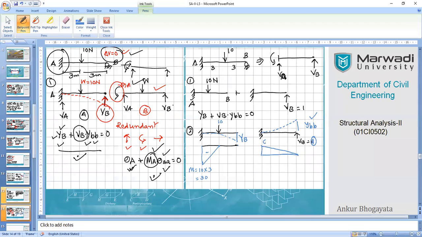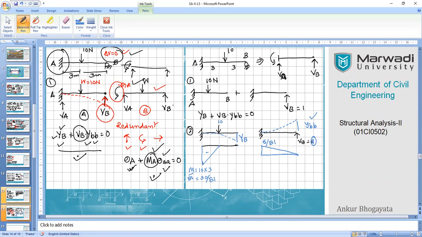So 6 will be your value over here, just like 30 is the value over here. But this is basically the moment diagram. So you need to convert it into your M by EI diagram, because you want to use it for analysis of this beam, right? So 6 upon EI is your M by EI diagram, and here 30 by EI is your value of this diagram.